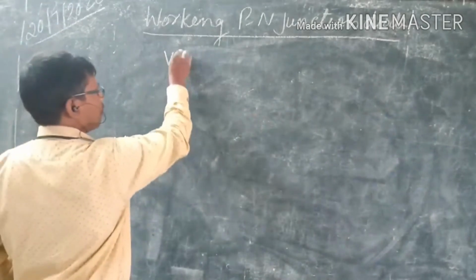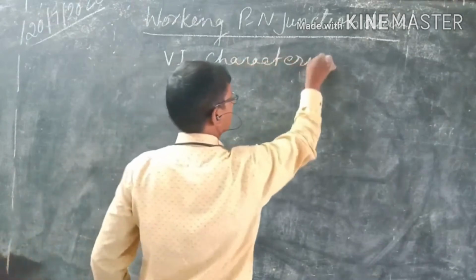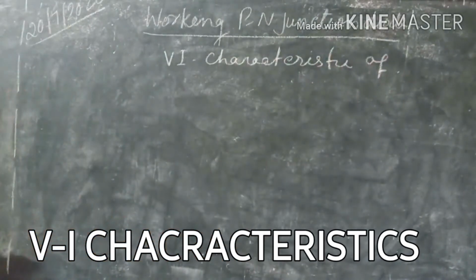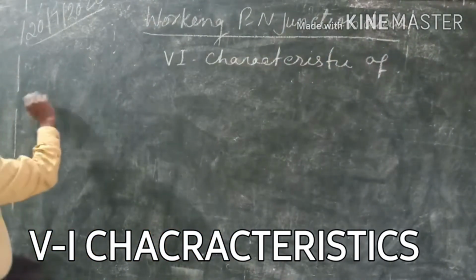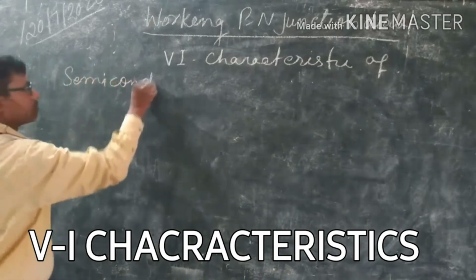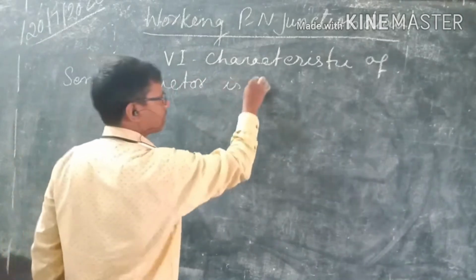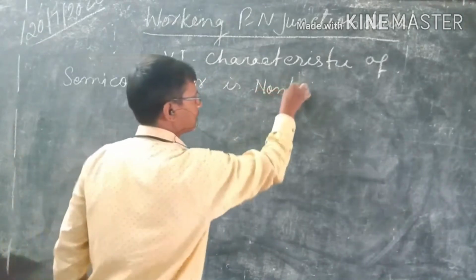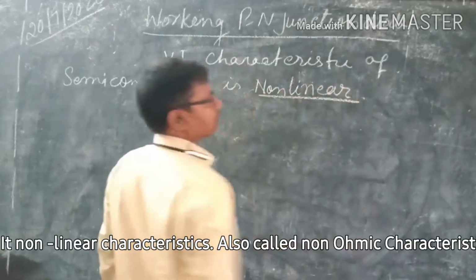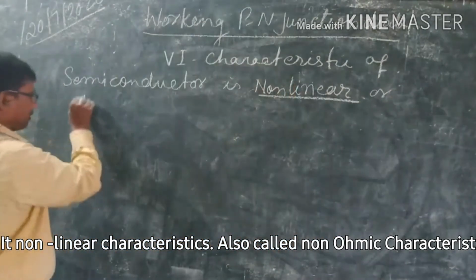So the VI characteristics of a semiconductor is non-linear, or you can say non-ohmic.